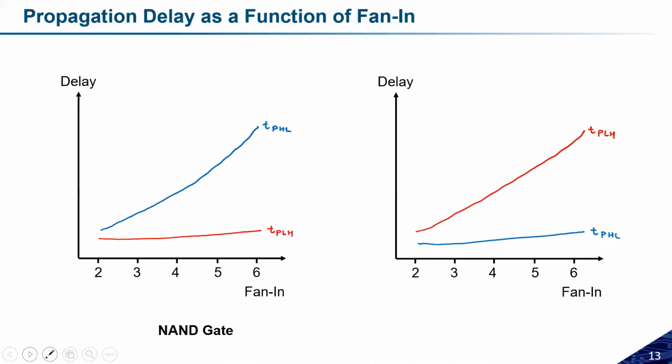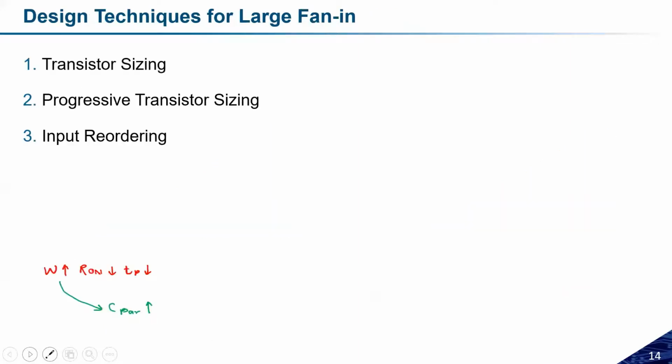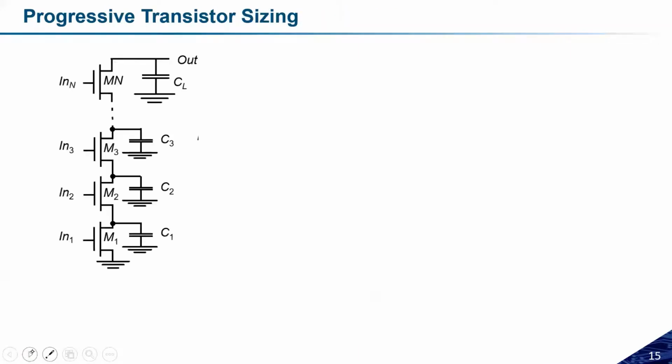Okay, so let us try to explain that one. Let us assume I have the n input sizing. In that case, what could be the simple solution? Simply, the sizing of transistor M1 should be maximum, then M2, then M3, then Mn.